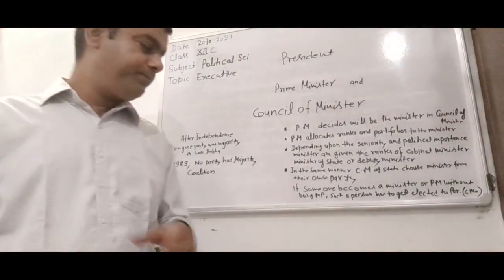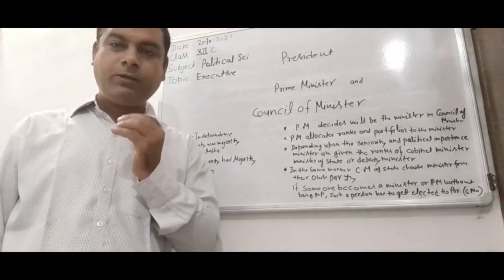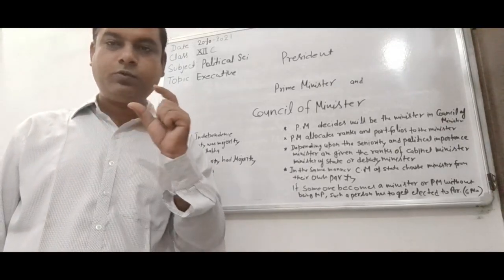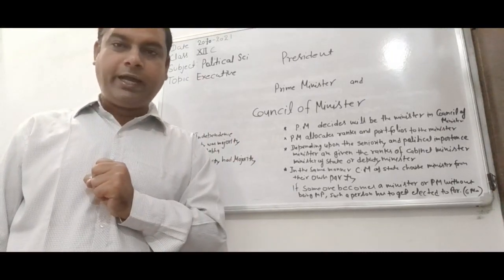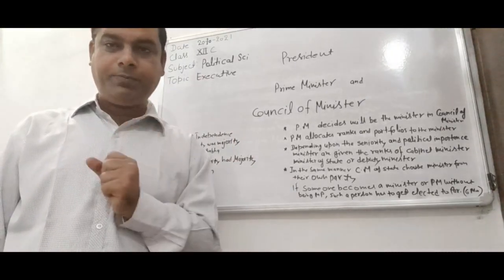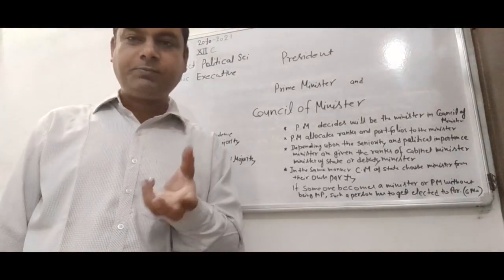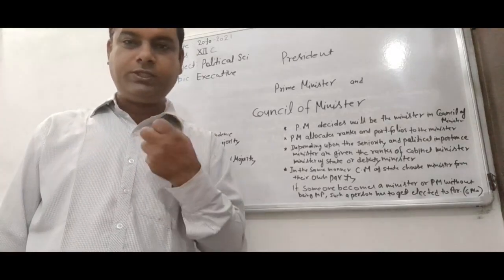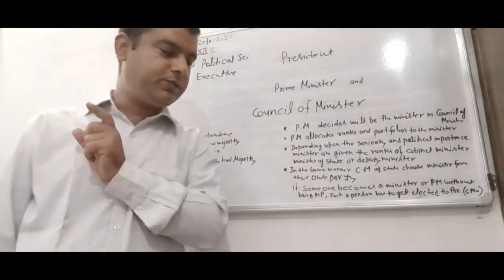Suppose any person who becomes a member of the Council of Ministers is not an MP. In this case it is compulsory that such a person become an MP within 6 months.